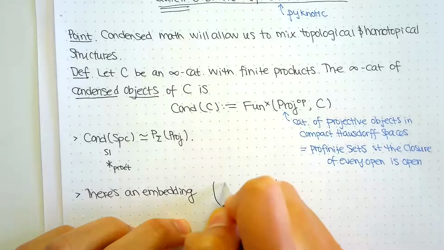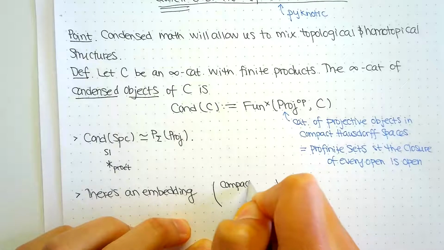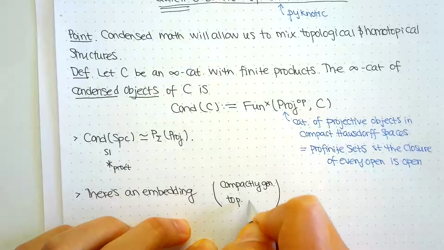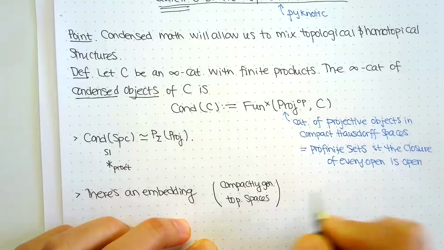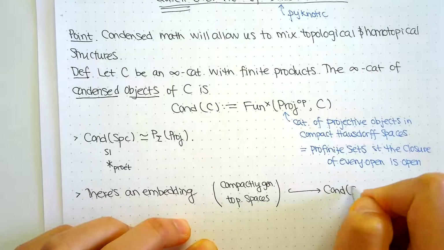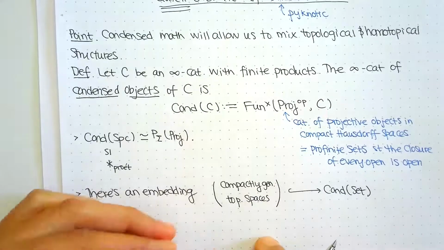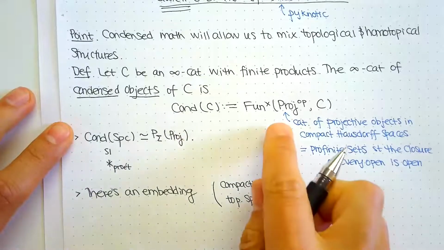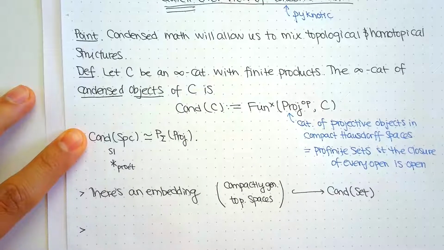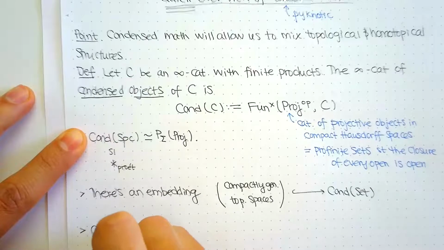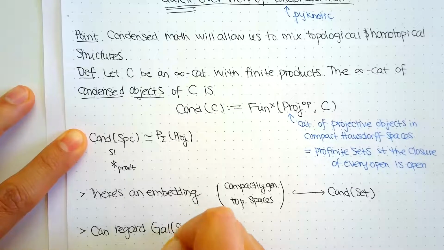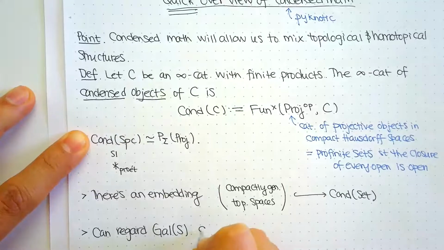Compactly generated topological spaces embed into condensed sets. And the embedding is really a Yoneda embedding. You just look at maps from these guys into your space. And the important other point is that you can regard this guy as a condensed category.